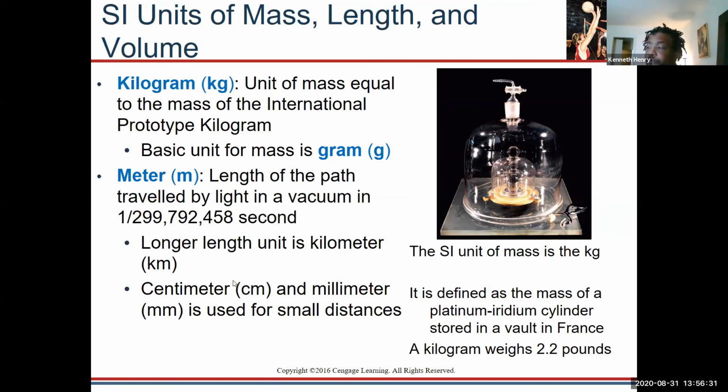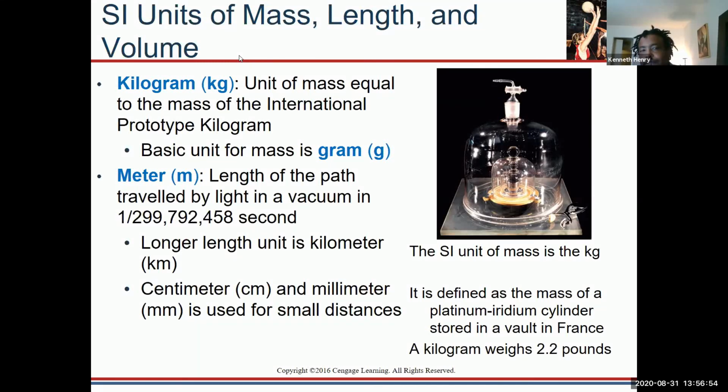Okay, so a kilogram is approximately 2.2 pounds. So I'm writing my tender profile and I want to use SI units. How much do I weigh?